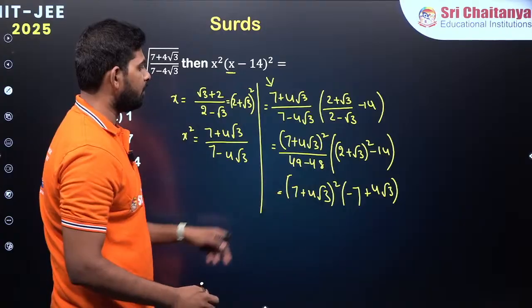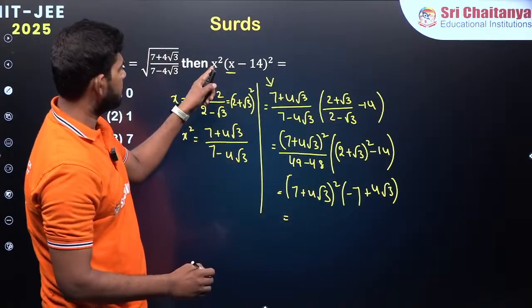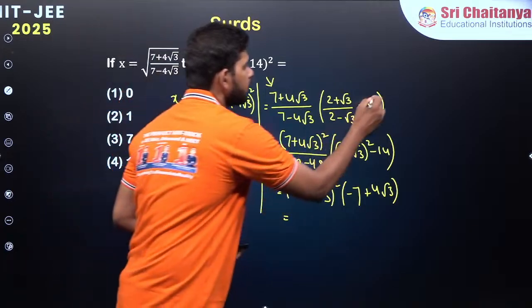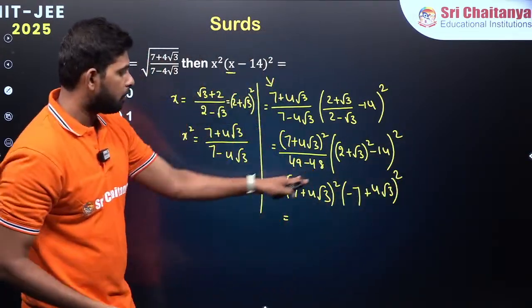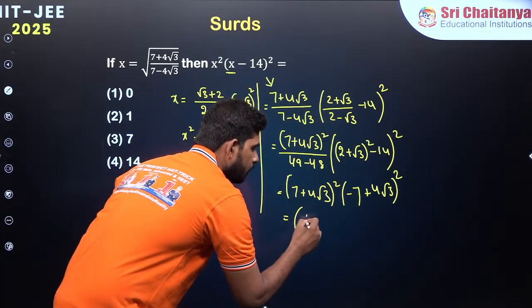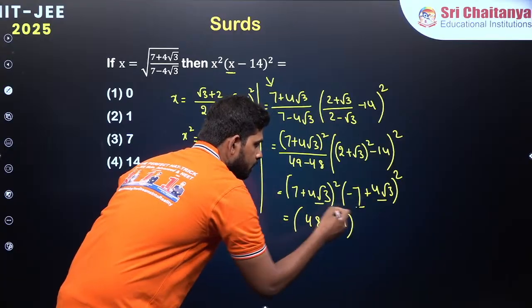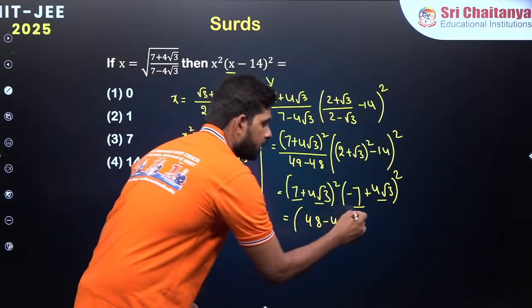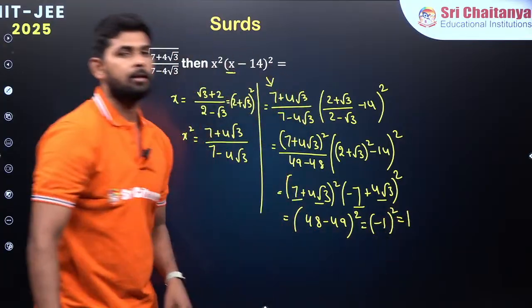So you just multiply with this one here, and x square you are writing there, and square is also there for the second expression, I forgot, sorry for that, both squares are there. You can multiply these two, which is again giving us 48 minus 49, because this is a square, this is b square, a square minus b square whole square, which is minus 1 whole square. So the answer is 1.